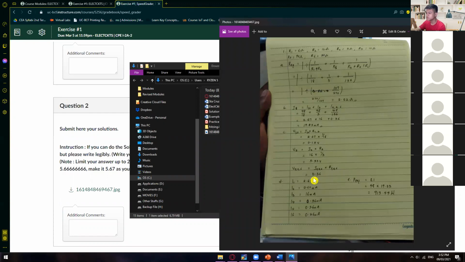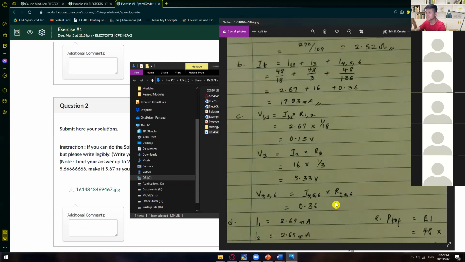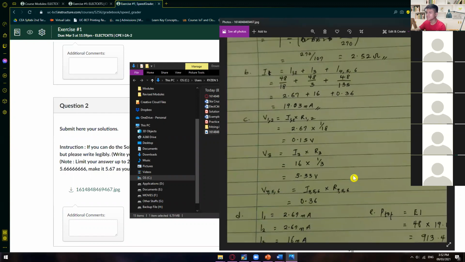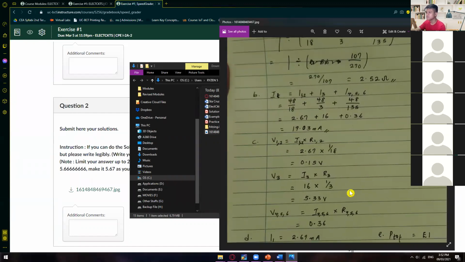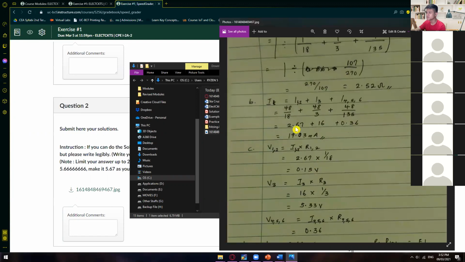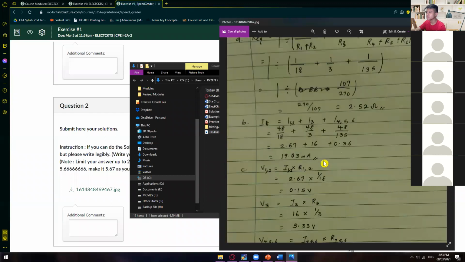But why do you have 0.36 volts? I think you made a mistake. I1, I2, where is your I1? 2.67 times R1 and R2 is 118.